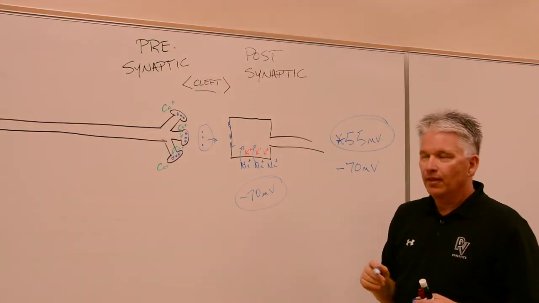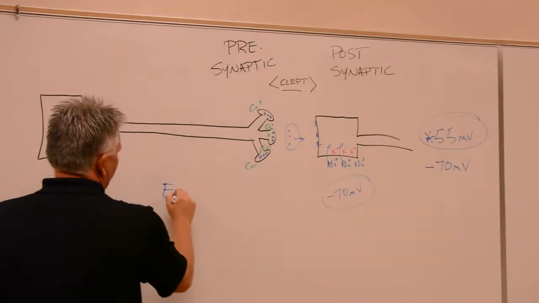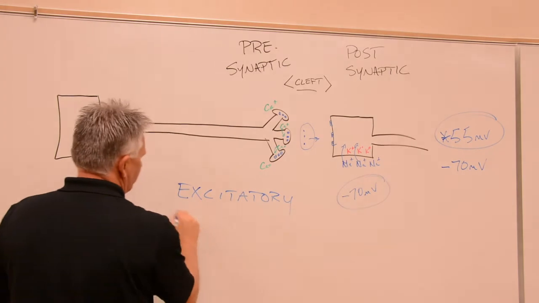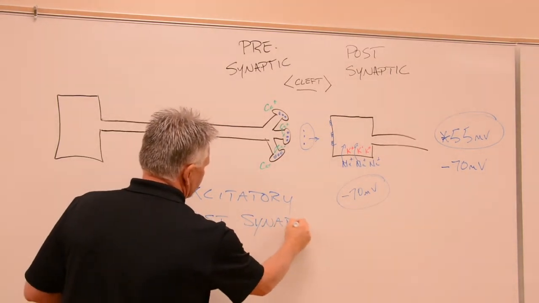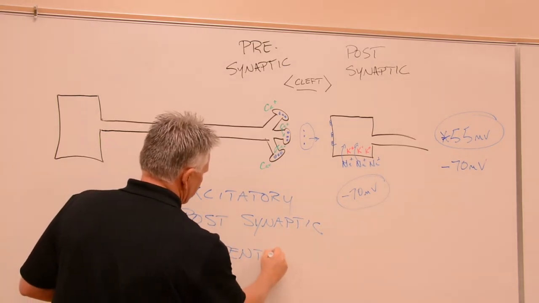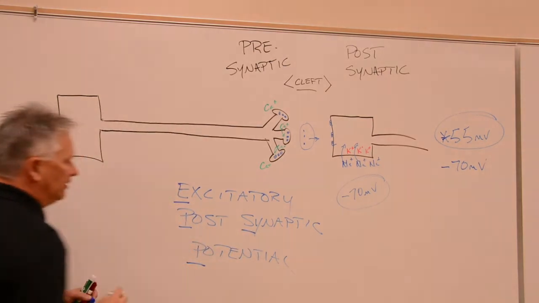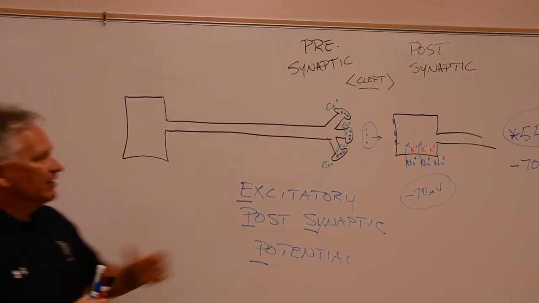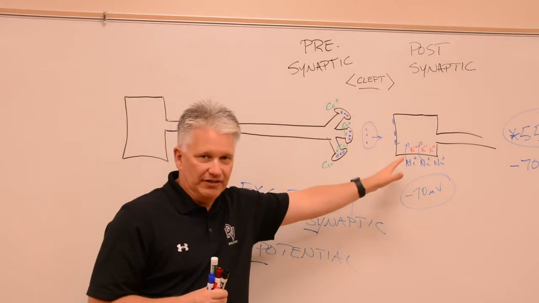That neurotransmitter is dictating what is going to happen in this by causing sodium gates to open. We refer to this as an excitatory postsynaptic potential, or EPSP. It's an excitatory postsynaptic potential because we're exciting the structure after the synapse.